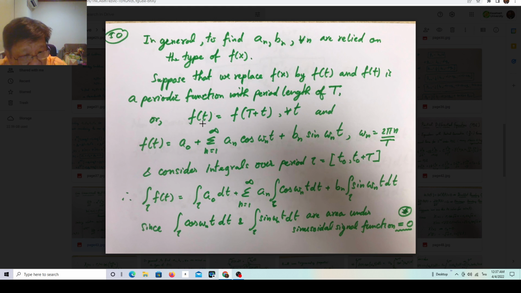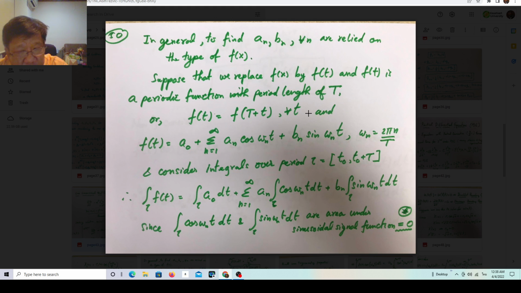Whatever happened within 0 to T, in the next period of T the same function will appear again and again, and so on, okay.